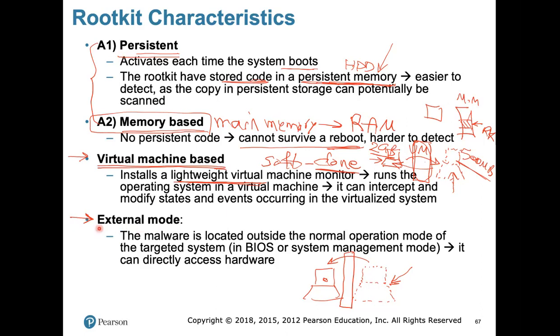There is also another special type of rootkit, which is called external mode rootkits. This type of rootkit is not in the main memory or even in the external memory like the hard disk. They're somewhere outside of this main computer.